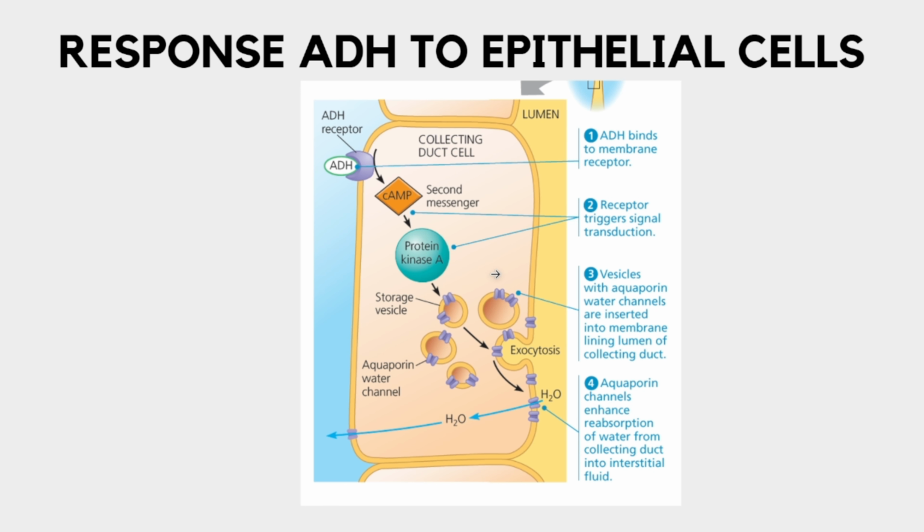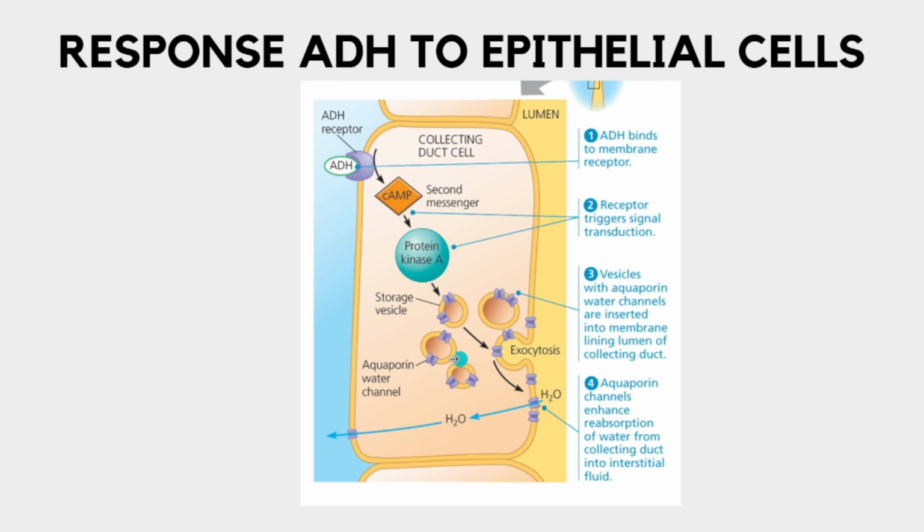Okay, so this is just a response of how ADH acts on the epithelial cells of the collecting duct and distal convoluted tubule, and this diagram is taken from Campbell. ADH is a non-steroid hormone, so of course the pathway is a second messenger pathway, right? It will activate protein kinase A, and this protein kinase A will cause the vesicle with aquaporin to fuse with the plasma membrane of the epithelial cell.